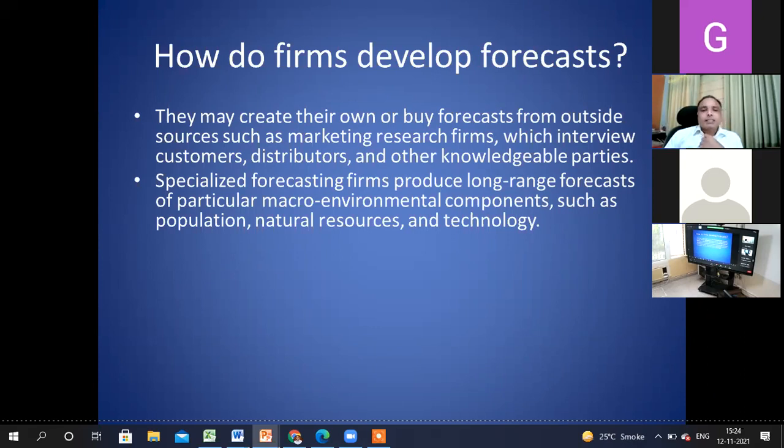And as far as natural resources are concerned, a lot of people want organic products, because in organic products we don't use any chemical. So a lot of NGOs, a lot of business firms say that our products are organic products, we haven't used any chemical in it.